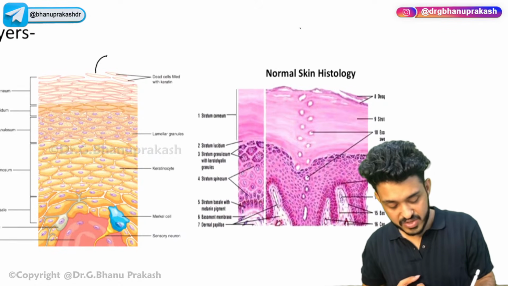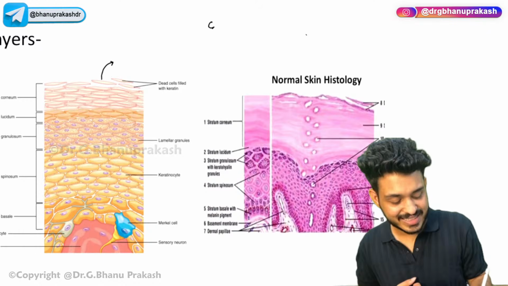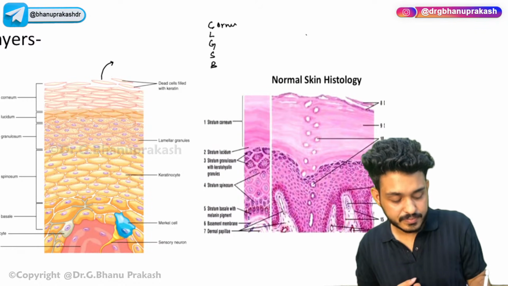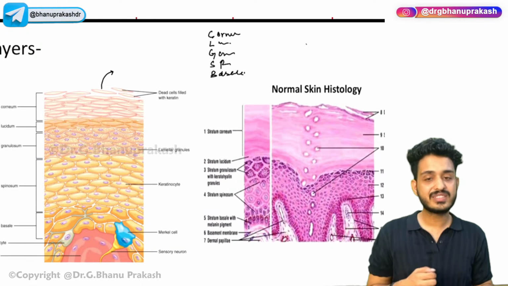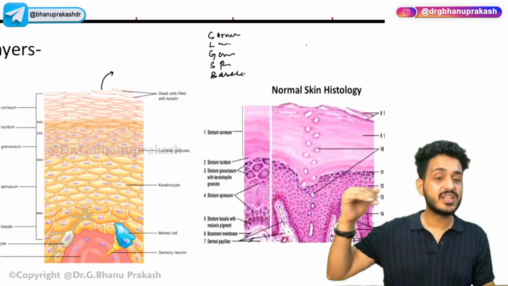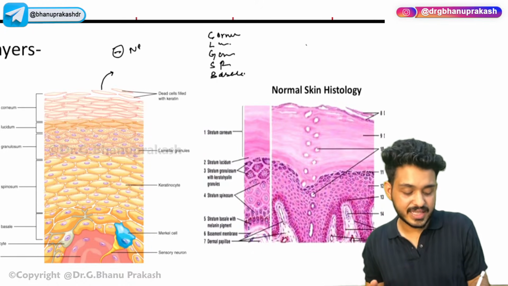First of all, can you appreciate this is the stratum corneum? What was the mnemonic that we have seen? Come, let's grab some burgers. That is corneum, lucidum, granulosum, spinosum, and basale. So these are the layers. We will start with the uppermost layer, that is stratum corneum. It is devoid of nucleus, so there will be absence of nucleus.